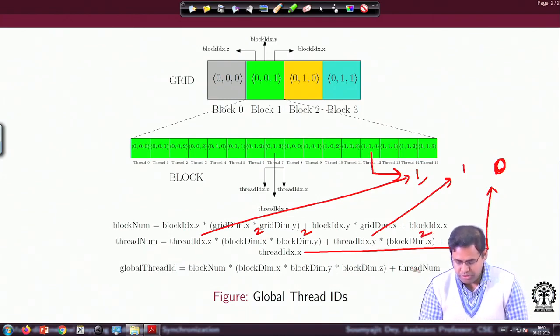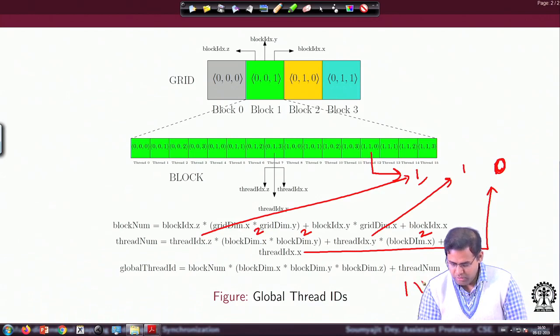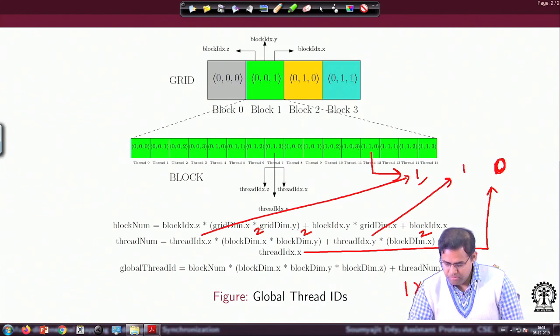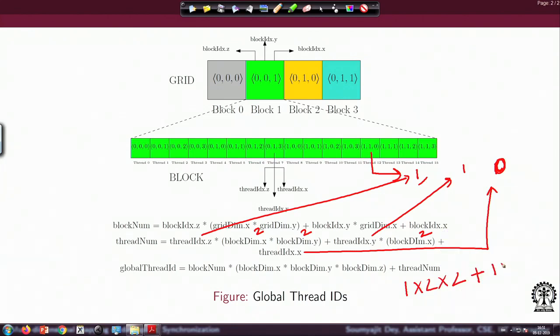So overall what you get is 1 times 2 times 2 plus, so that's 6.